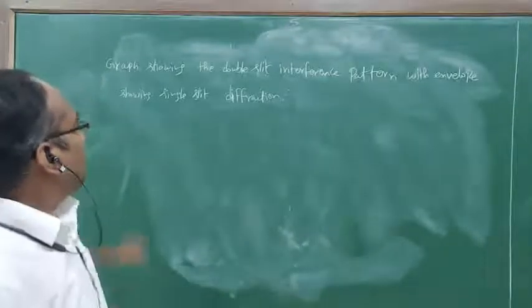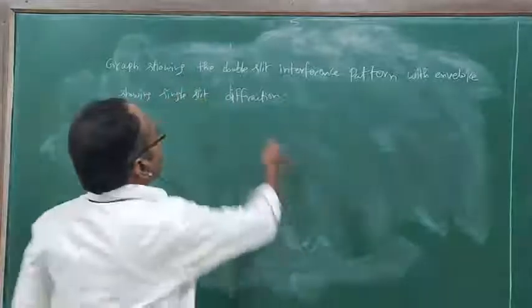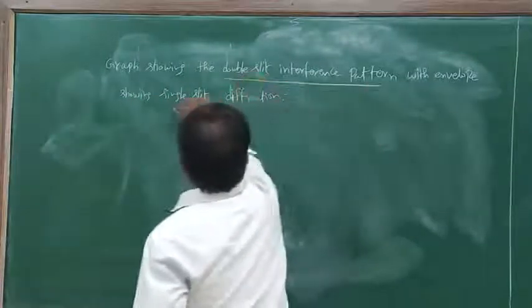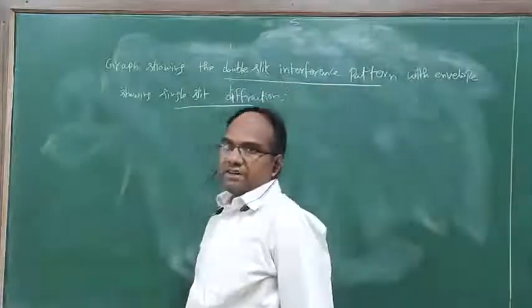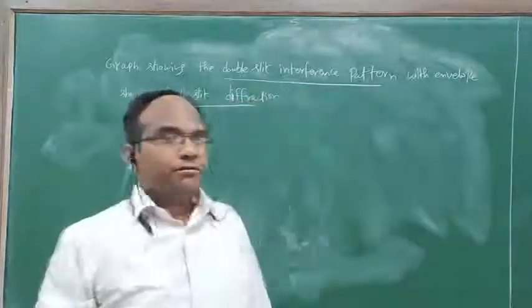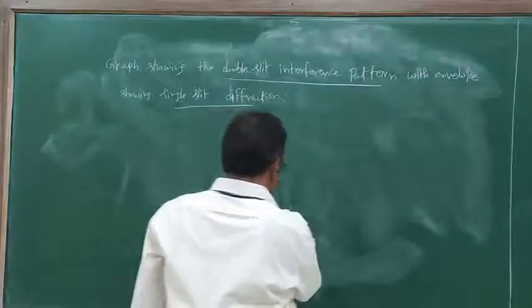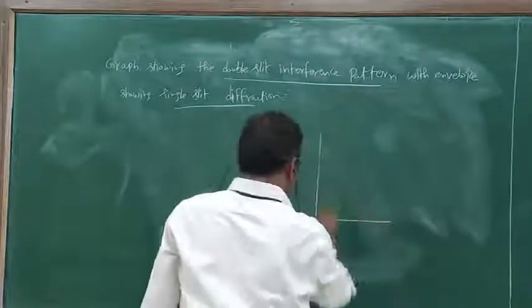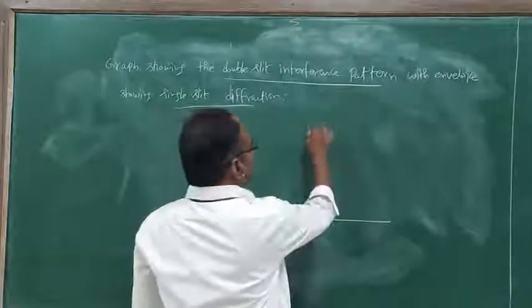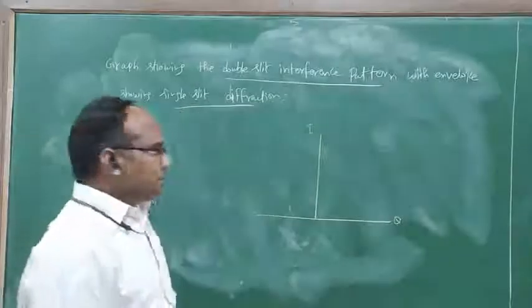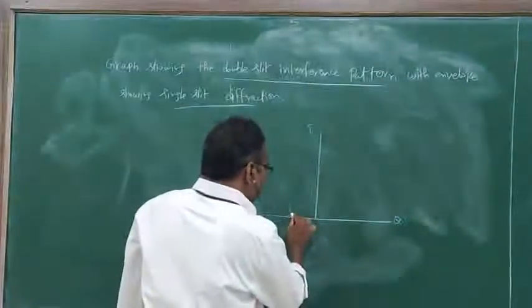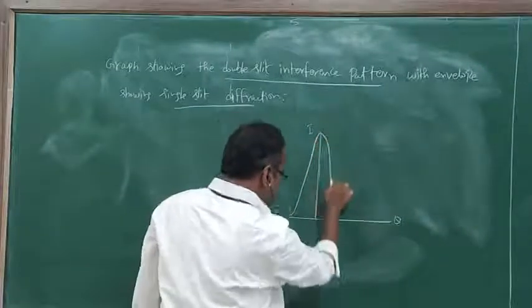So here a graph showing the double slit interference pattern with envelope showing single slit diffraction. How will the graph be? On the y-axis is intensity I, and on the x-axis is theta. It is the same graph, nothing else is there. So this is the bright central maxima.